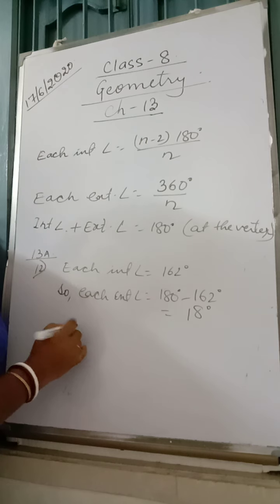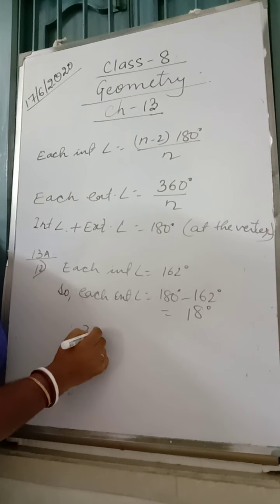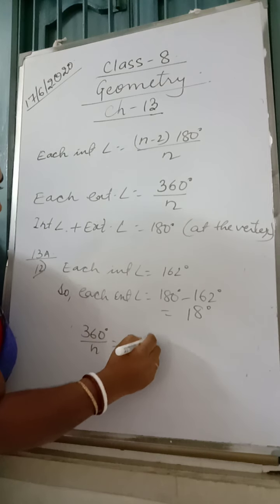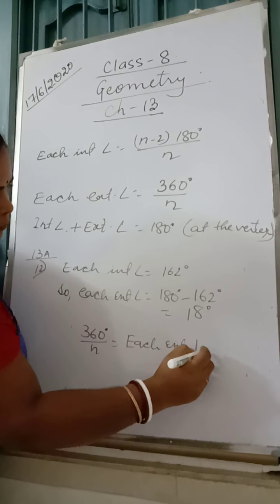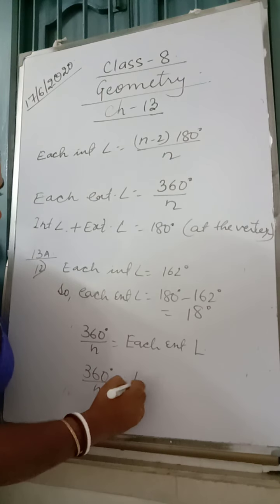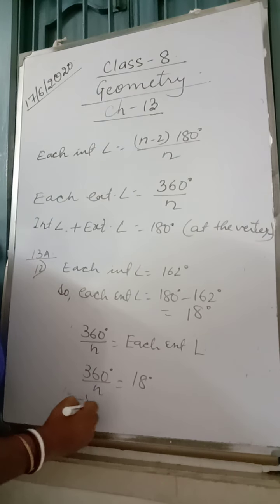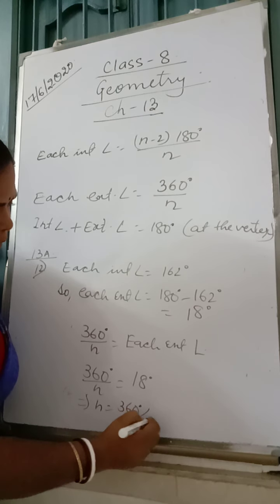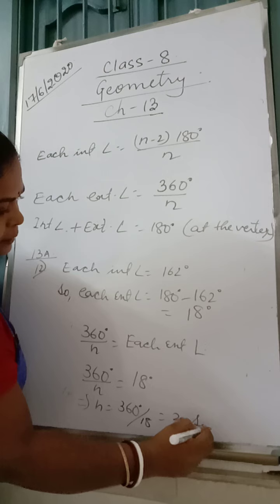So we know 360 degrees by N is equal to each exterior angle. So 360 degrees by N is equal to 18 degrees, or N is equal to 360 by 18. 20 sides.